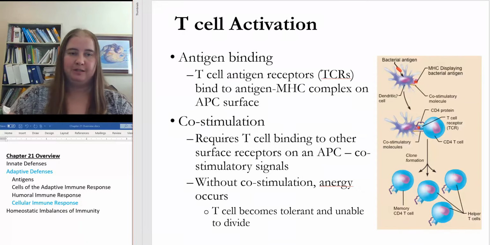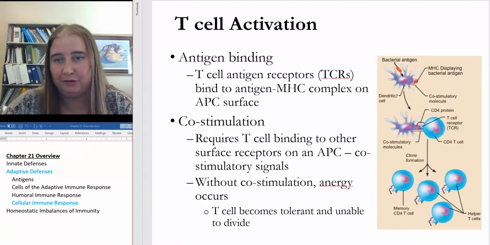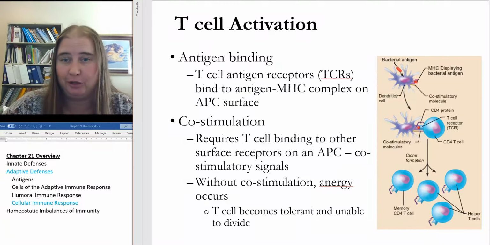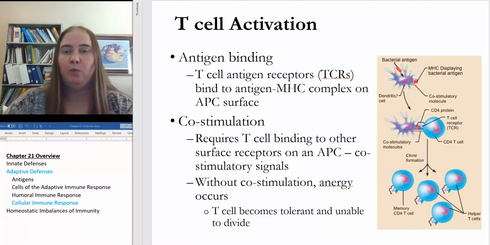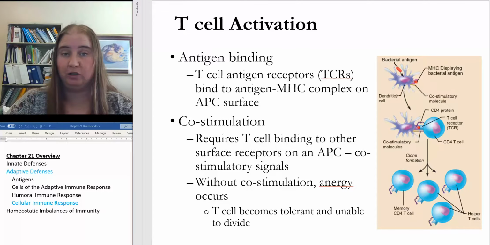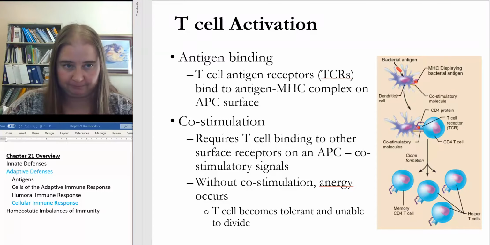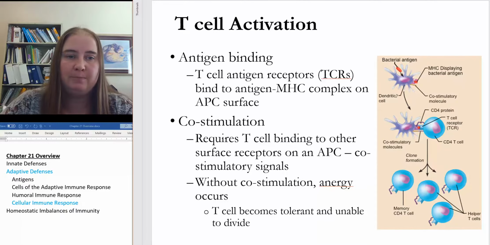So here now we can see it in the animated cartoons that your book creates. Here is our antigen presenting cell, a phagocytic cell, whether it's a dendritic cell or a macrophage. Through phagocytosis, it's going to engulf that bacterial antigen. It's going to chew it up through the phagolysosome, and it's going to present that antigen on the surface of its MHC molecule.